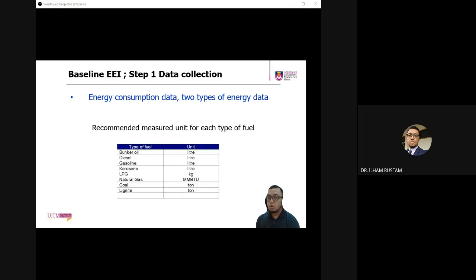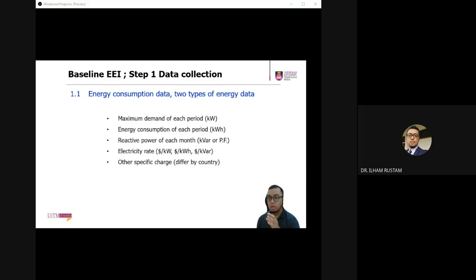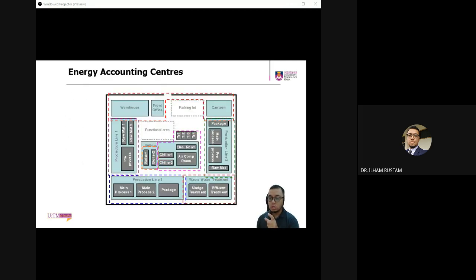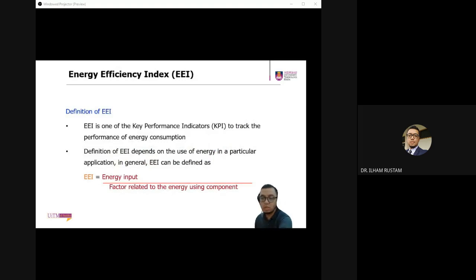Okay, so these are the recommended units if you're trying to measure the machine input, let's say you define your EAC as that particular machine. Because this calculation here is under the assumption that I've just discussed, that energy input was more on electricity.